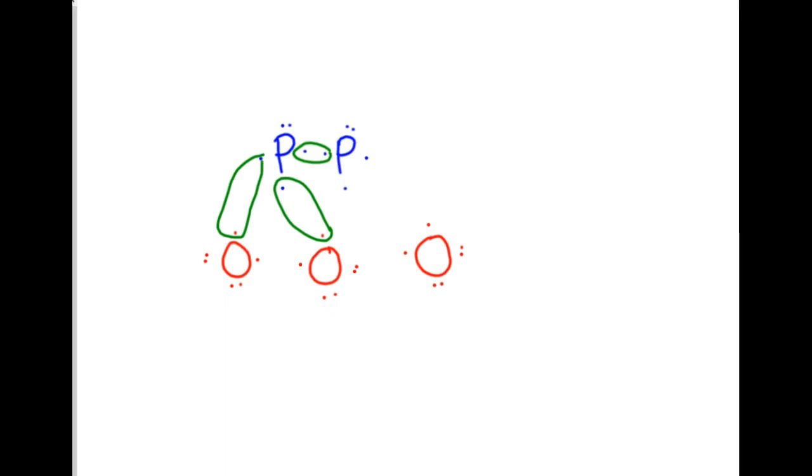So if they shared these two electrons, that would give them 2, 4, 6, 8. We can make a connection here, and then we have 2, 4, 6, 7, and a connection here, 2, 4, 6, 8.